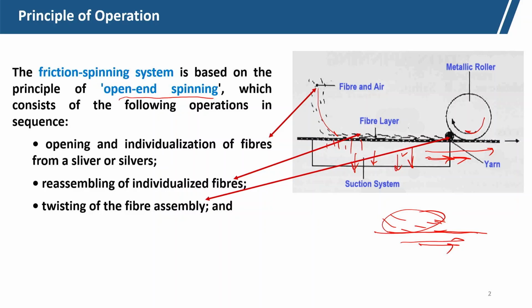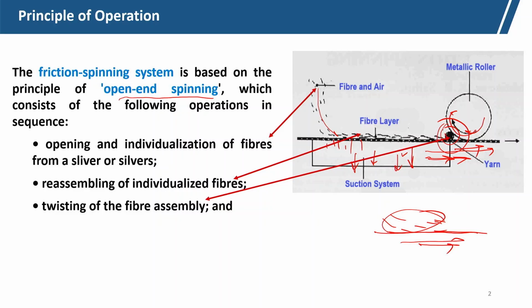So, there at the nip point, close to the nip point, the twisting takes place because of the rolling of this fiber assemblies. Whatever fibers are coming, due to this relative direction of motion, these fibers get rolled, and then these fibers are pulled.